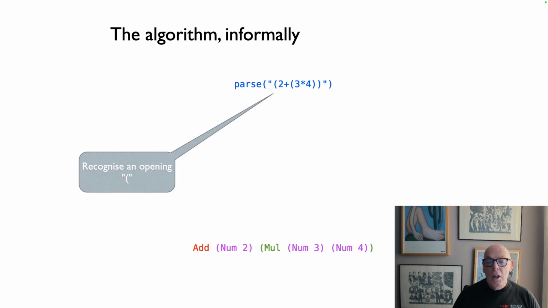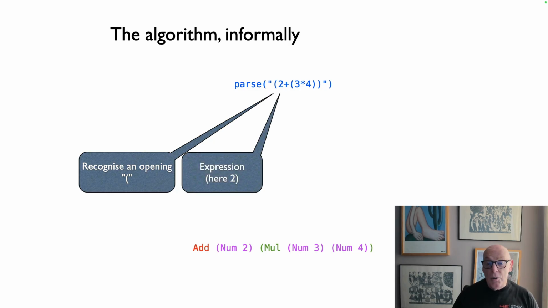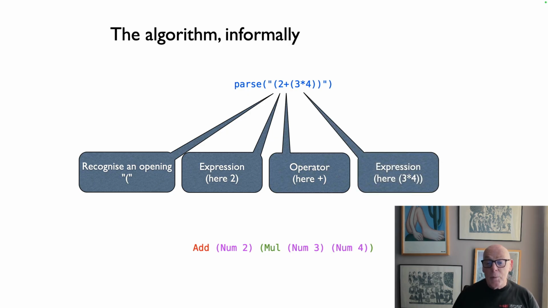expression. What do we do? We first of all recognize an opening parenthesis. That's there. Then we recognize an expression, which is 2 here. Then we recognize an operator, which is plus or times. Then we recognize another expression, here is 3 times 4. And then we recognize the matching closing parenthesis.